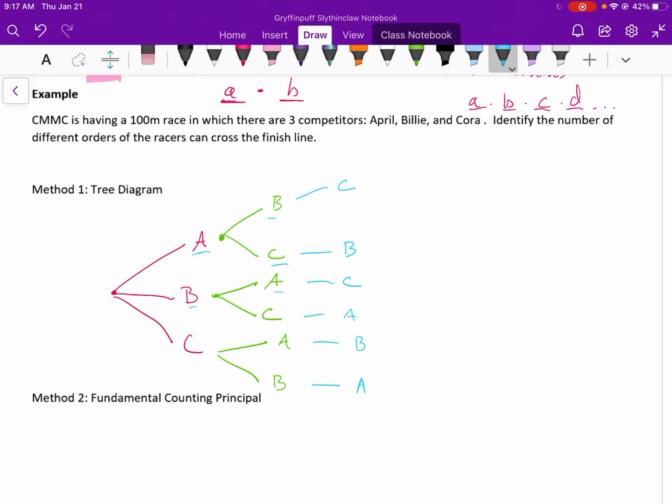We can continue this simply by noting who is yet to finish, and see how many different arrangements can be made. We could just write down these letter acronyms to help us out.